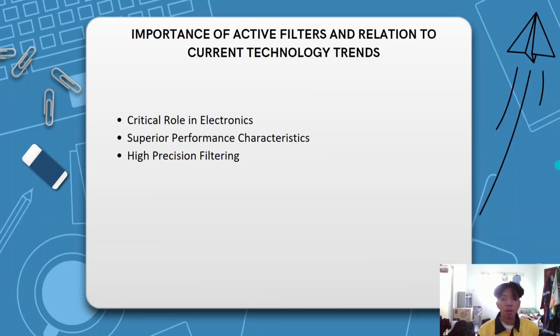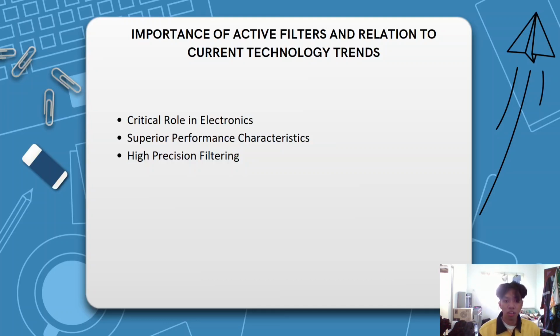So next is about the importance of active filters and relation to current technology trends. The first one is critical role in electronics. Active filters are fundamental for signal conditioning, noise suppression, and frequency control. And next is superior performance characteristic.